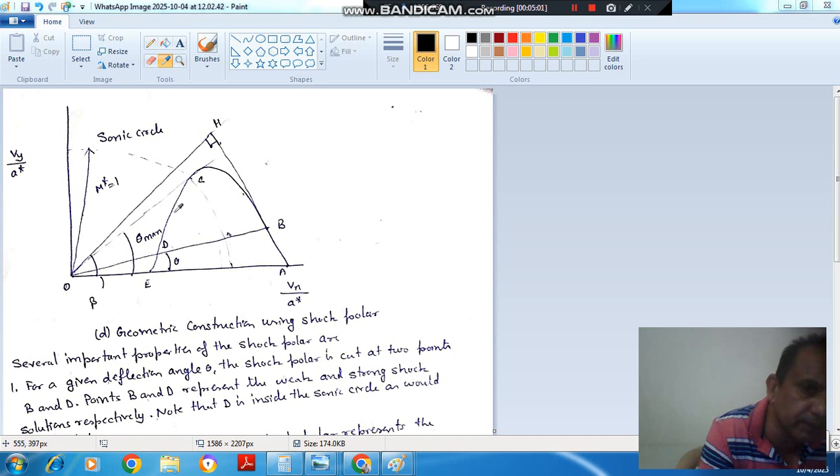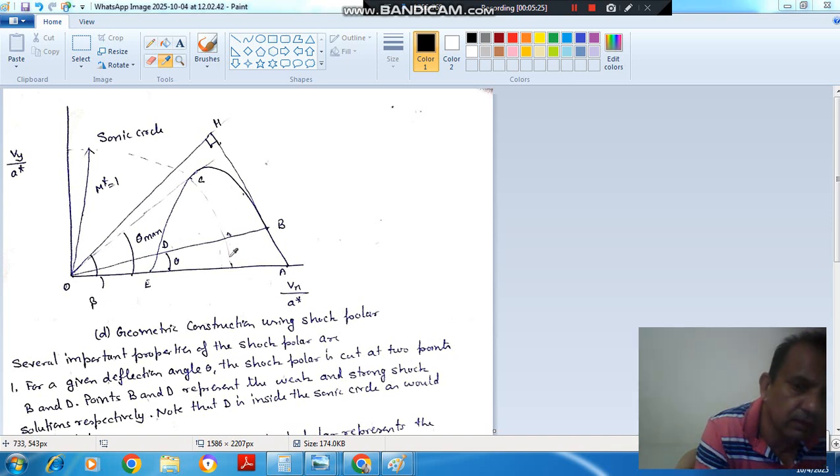If we take this point, the velocity will also be subsonic. At this point, the velocity will be sonic. On this circle, the velocity will be sonic, and this is called the sonic circle. And so it means these are the points of supersonic velocity, or the points of weak shock, and these are the points of strong shock.